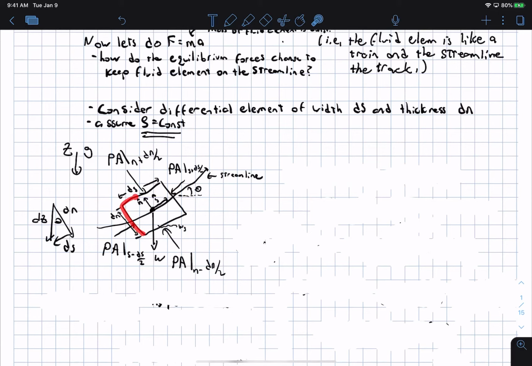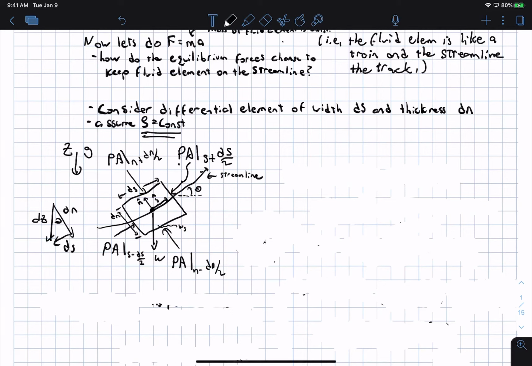So here we do need to keep track of exactly where we are analyzing the forces. This point here is pressure times area at, that is really small, so I'm going to make that bigger, at point S plus ds over 2.